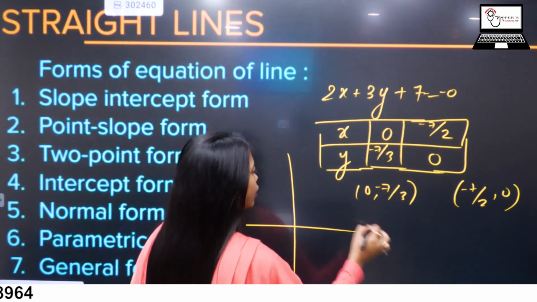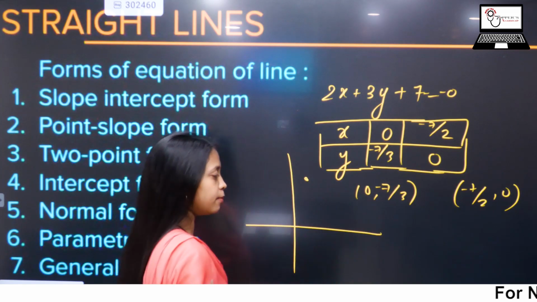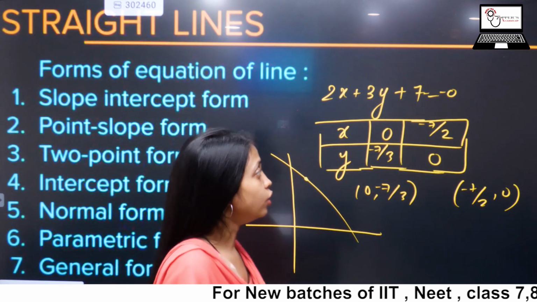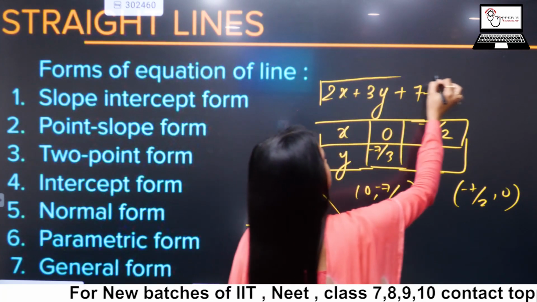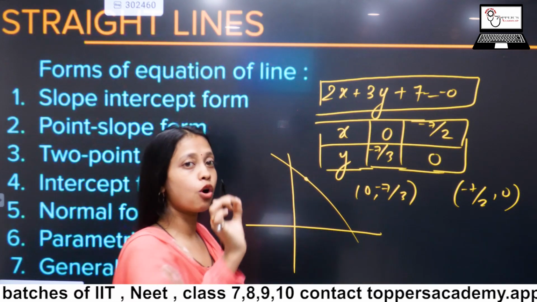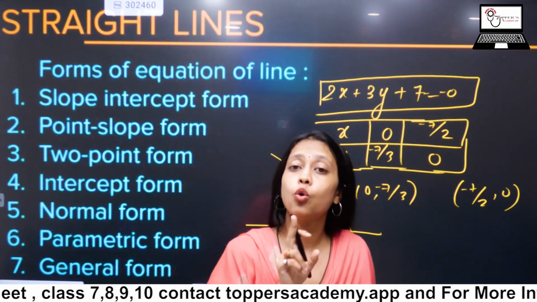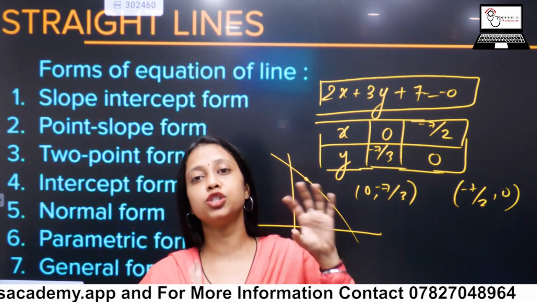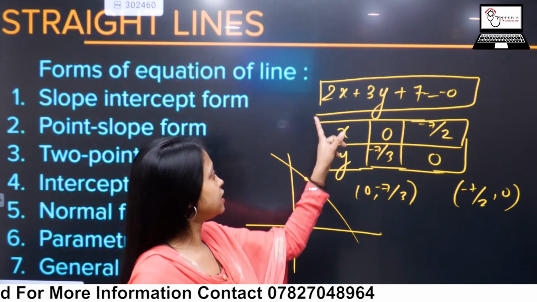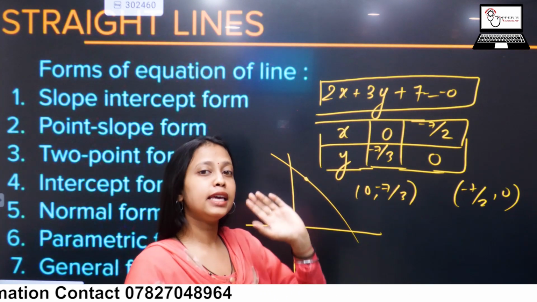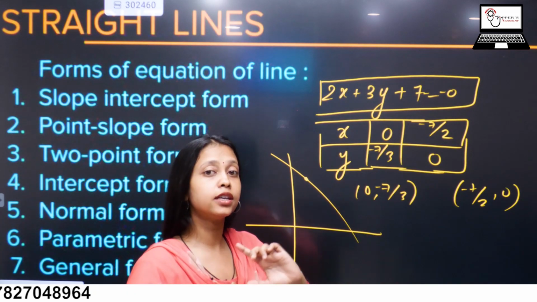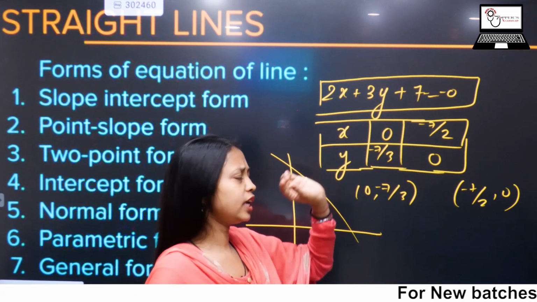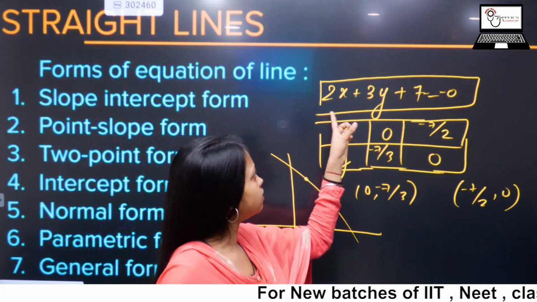You plot these 2 points on the graph, you join those 2 points, and that's a straight line. So this is the general equation of a line in which the coefficient of x and the coefficient of y cannot both be 0 simultaneously. That means this 2 and 3 can be any constants other than 0, 0 together. So you already know the equation of a line is like that.